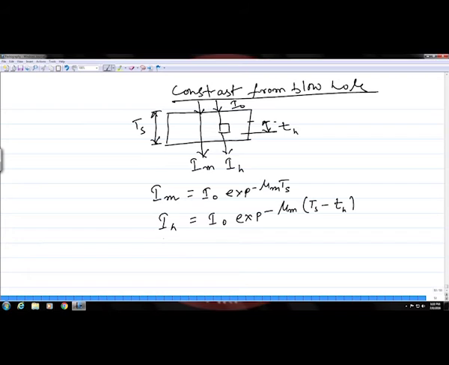So, now if you take this ratio, which is the ratio that we want for calculating the contrast.